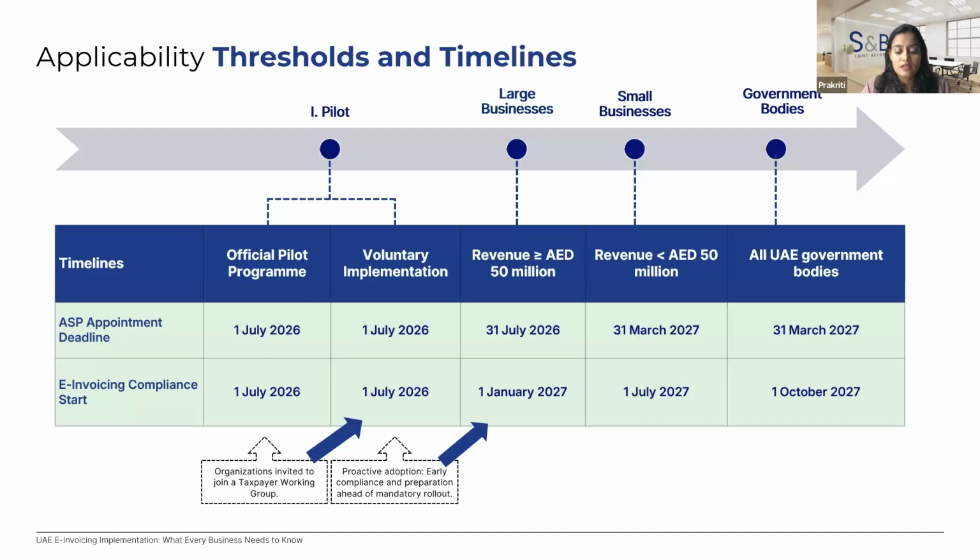So, you don't have to worry about whether it is a B2C or B2B transaction for checking the revenue threshold. You have to go to your financial statement of the recent financial year, the accounting year, and check the requirement accordingly. For all other government bodies, the implementation will happen going forward from 1st October 2027. So basically, these are the timelines and the mandate.